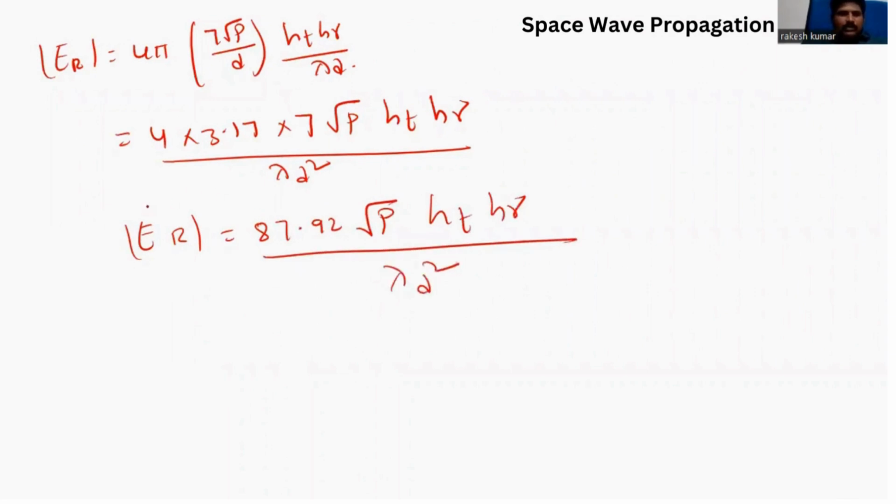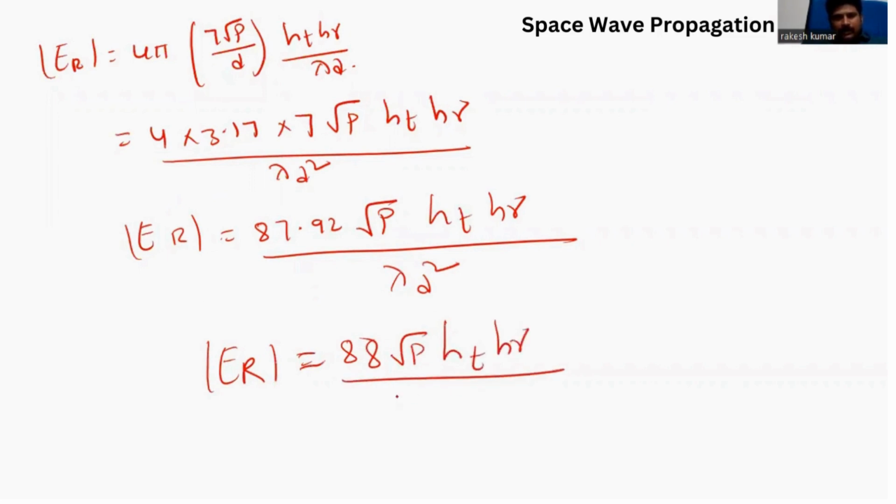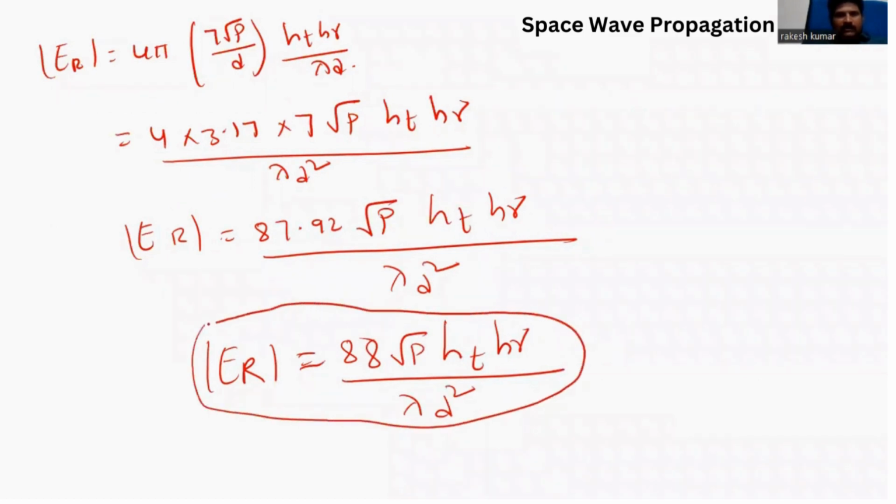Okay, so this is approximately equal to 88 root P ht hr by lambda d square. So this is the very, very important equation: total electrical field at the receiving antenna using space wave propagation, line of sight propagation.